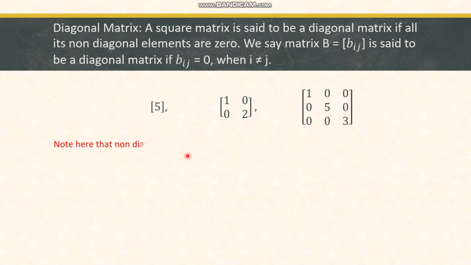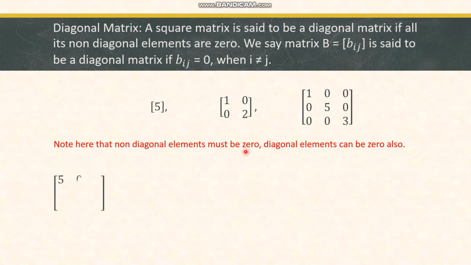Note one important thing here, that non-diagonal elements must be 0. Diagonal elements can be 0 also. Right? So in a diagonal matrix, the diagonal elements can be 0 also. But non-diagonal elements must be 0. It's compulsory that they must be 0. But diagonal elements can be 0 also, and they can be non-zero also.